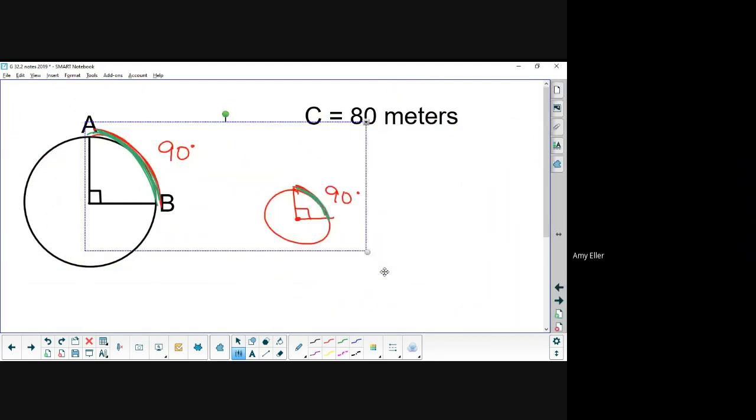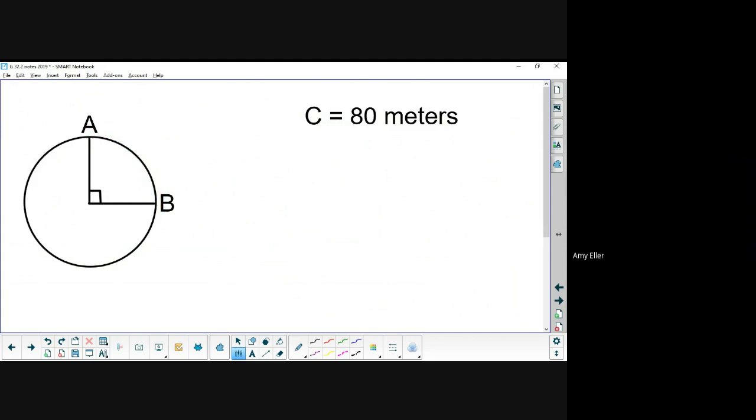If I were to get a tape measure out and measure this, it may end up being like 11 inches, and this may only be like 5 inches. Today we're doing arc length, not just how many degrees is it, but how long is it? What is the length in inches, feet, or centimeters, something like that.